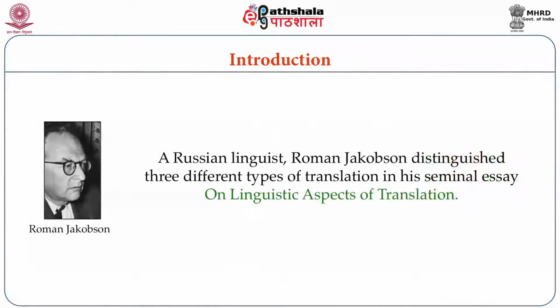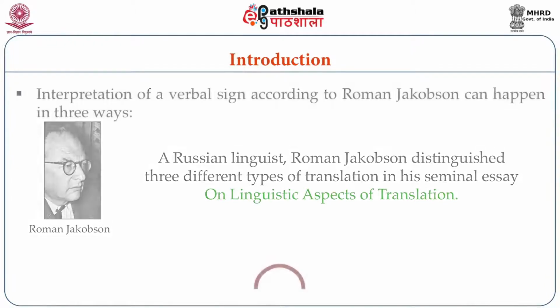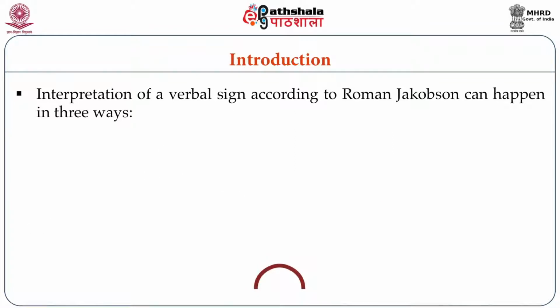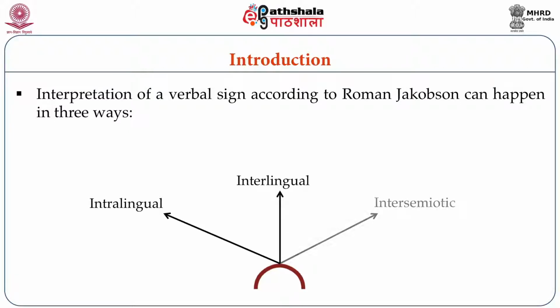I unquote. A Russian linguist Roman Jakobson distinguished three different types of translation in his seminal essay On Linguistic Aspects of Translation. Interpretation of a verbal sign, according to Roman Jakobson, can happen in three ways. The first one is intralingual translation, the second one is interlingual translation, and the third one is intersemiotic translation.